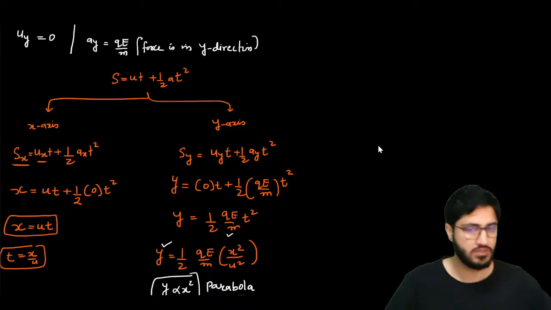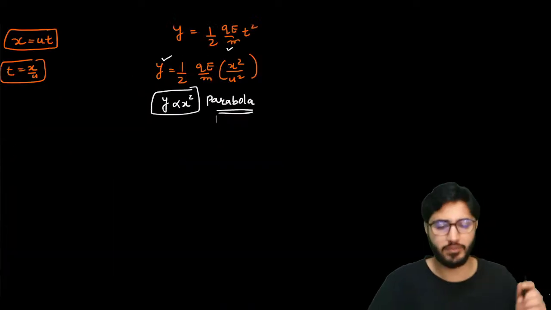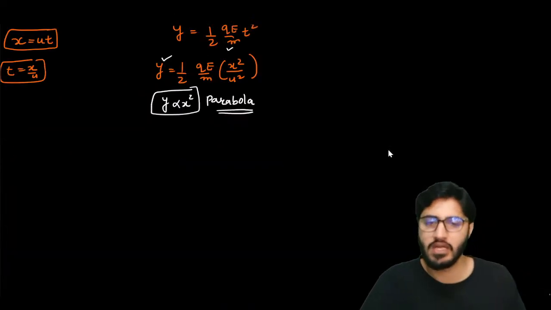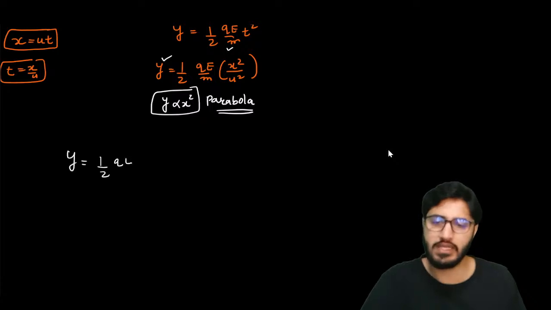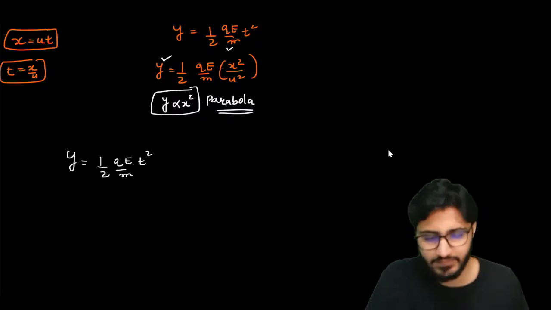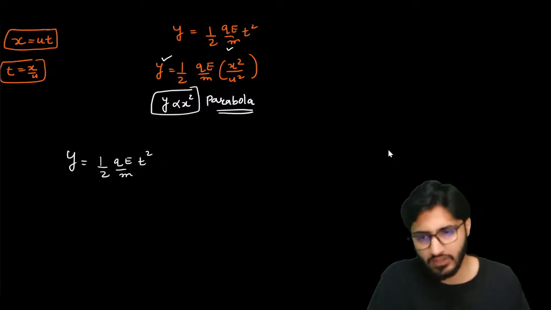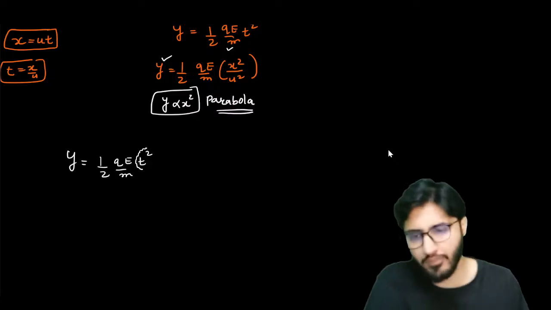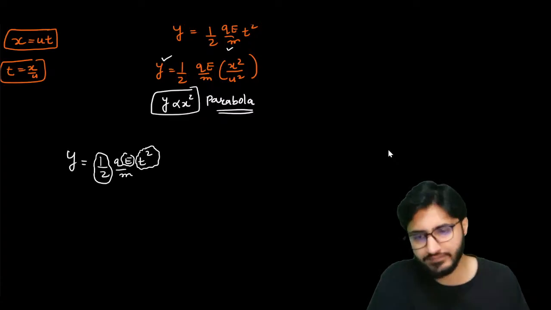Okay. So look, I can write one more thing now. I guess y is equal to 1 by 2 qE by m t square. We had one equation like this. Suppose t is constant up to some certain point, so 1 by t is constant, E is constant, the electric field is uniform.